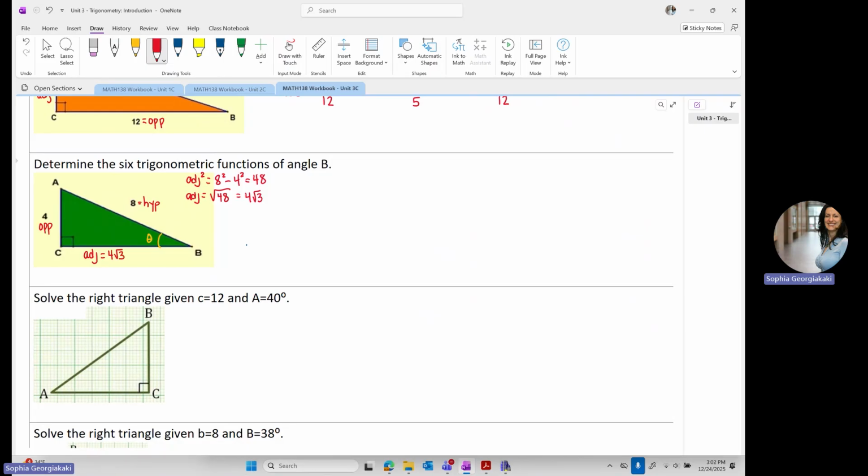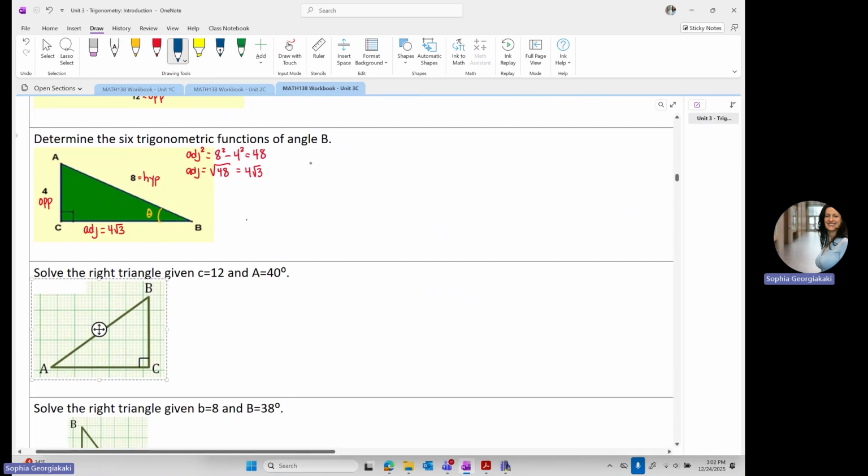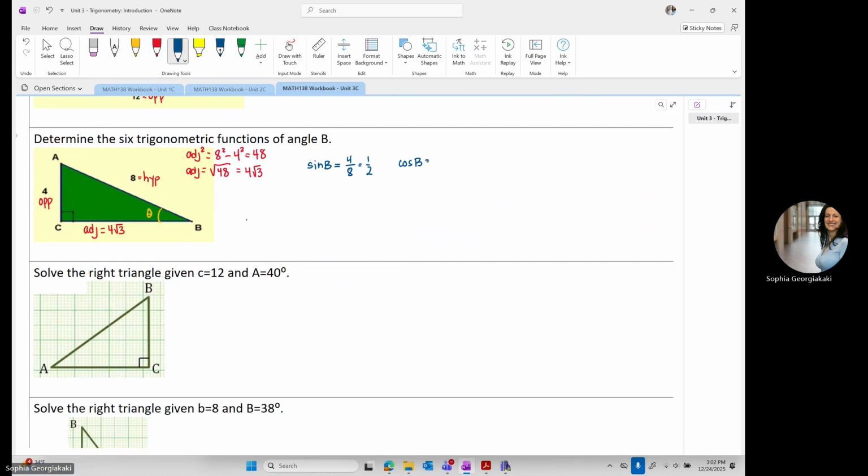And the six trigonometric functions of beta will be: the sine of beta, or of angle B, opposite over hypotenuse. I can simplify to 1/2. The cosine of B, adjacent over hypotenuse. I can simplify to square root of 3 divided by 2. The tangent of B, opposite over adjacent.